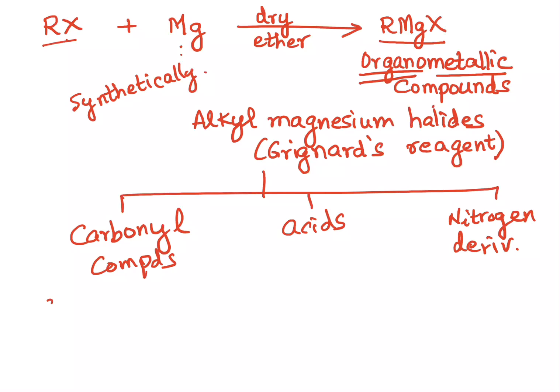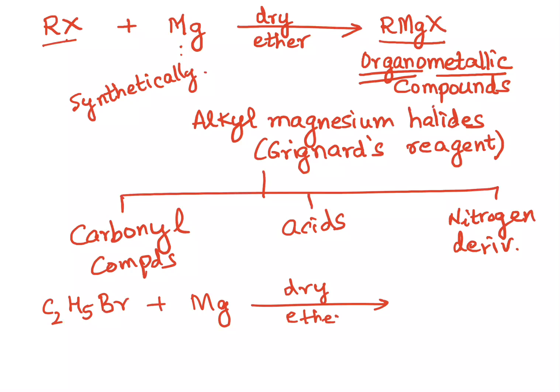So would you like to try writing the reaction of C2H5Br with magnesium in dry ether? Go ahead. So this part C2H5 is your R according to the general equation. So go ahead, we will write C2H5 and then magnesium bromide, right?